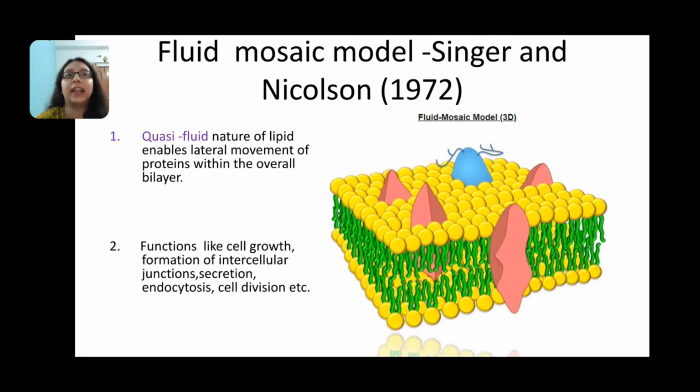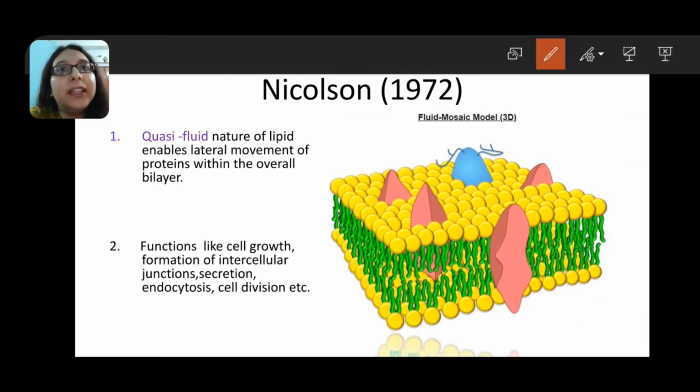They said that the cell membrane could move in such a way that they gave the name quasi-fluid to it. The spelling is Q-U-A-S-I, quasi-fluid. That is, apparently it seems to have lateral movements in it. Okay, that is the quasi-fluid.